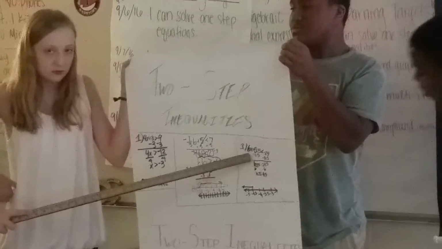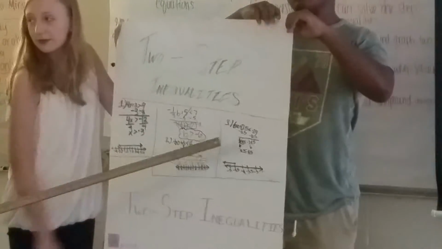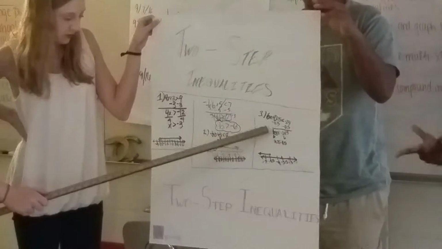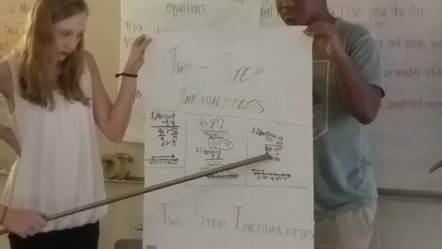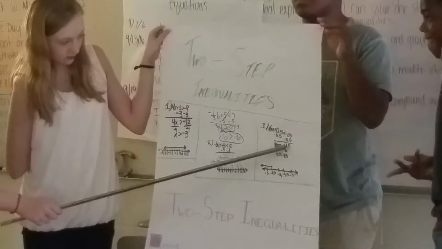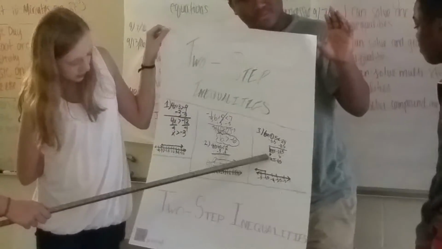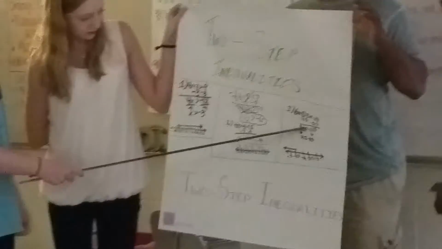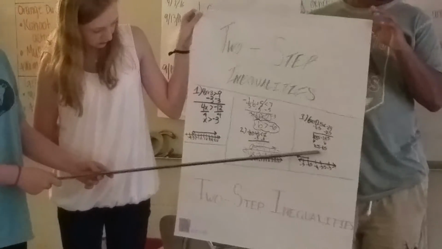Then you subtract 0.5 on both sides to get 6z is less than or equal to negative 24.5. Then you divide by 6 and get z is less than or equal to negative 4.5.